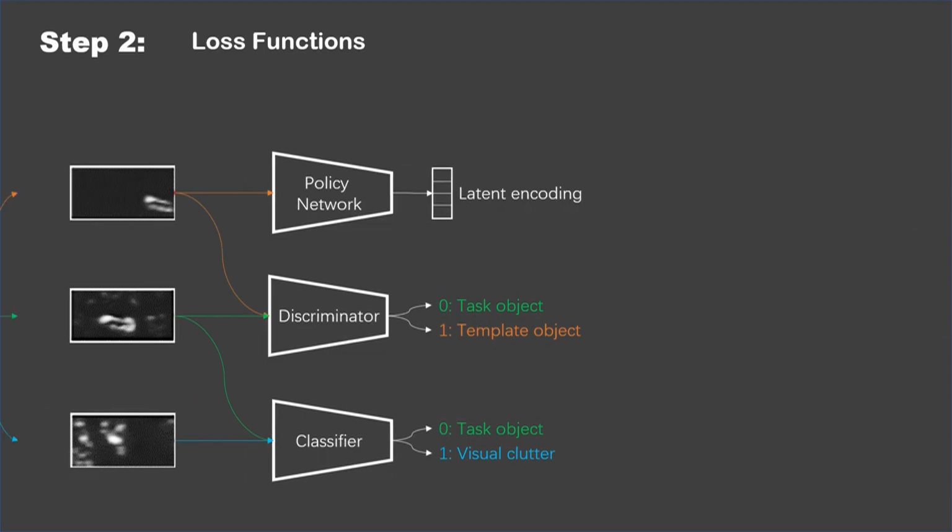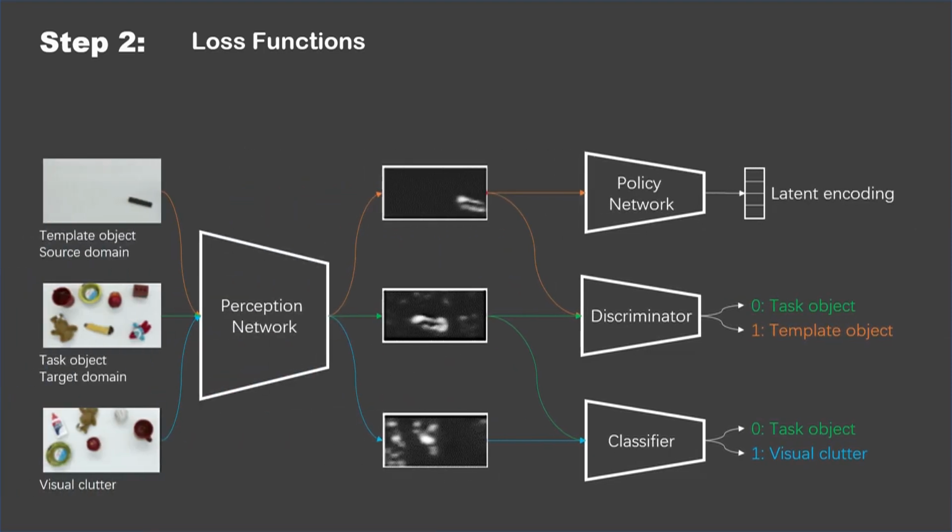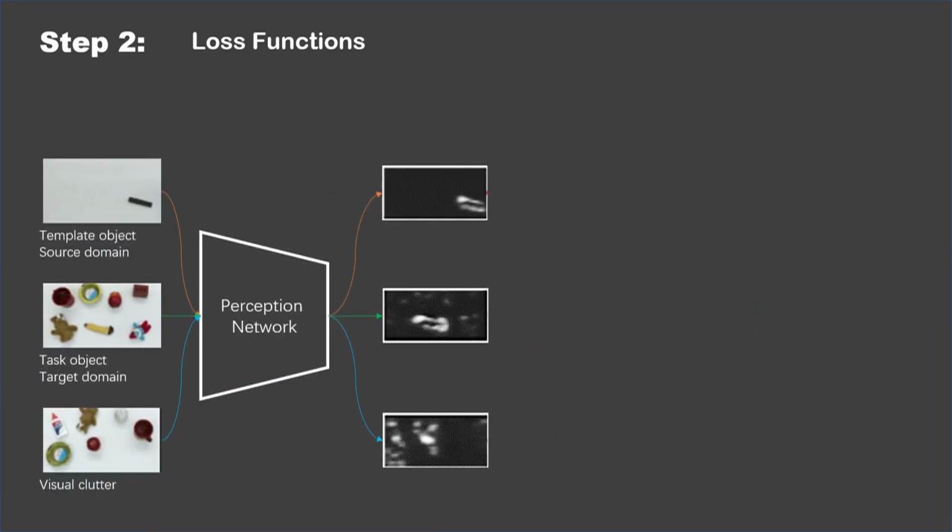After we update the three networks on the right side, we will update our perception network using the output of the three networks. The loss function we use to train the perception network is a combination of the losses from the three networks.